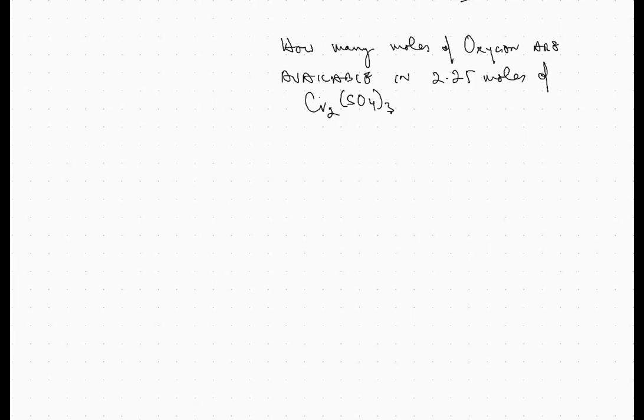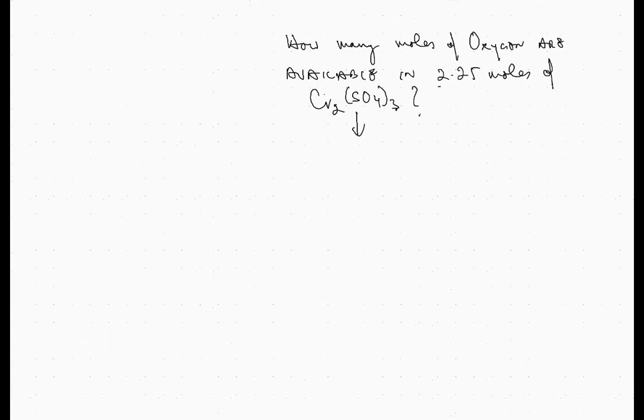Okay, so let us separate it. There are 2 moles of chromium here, plus 3 moles of sulfur, plus 3 times 4, 12 moles of oxygen. So 1 mole of this compound would give 12 moles of oxygen.